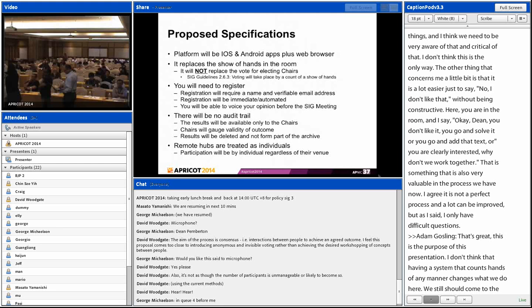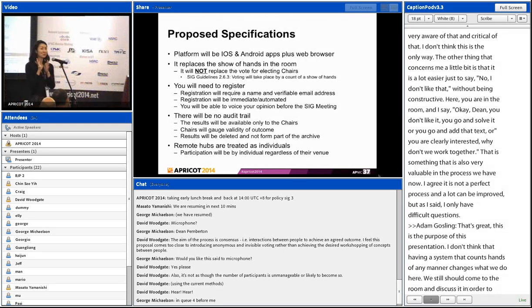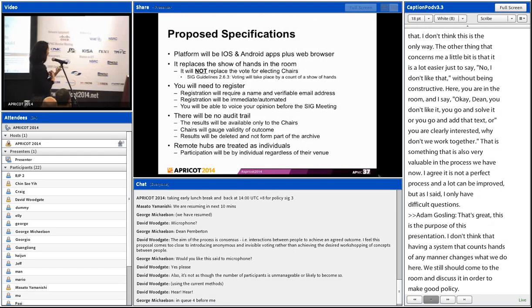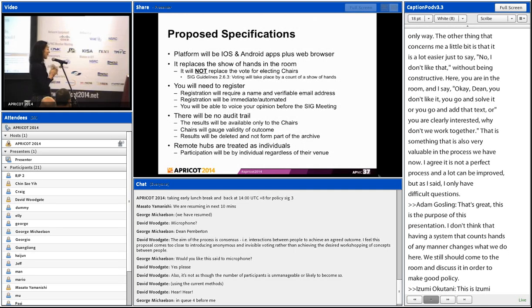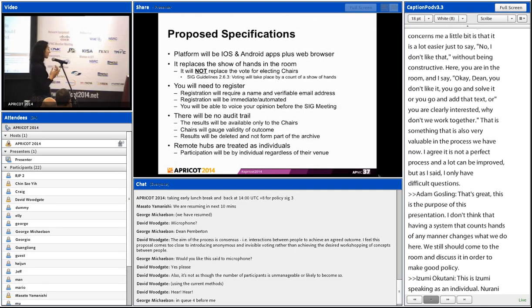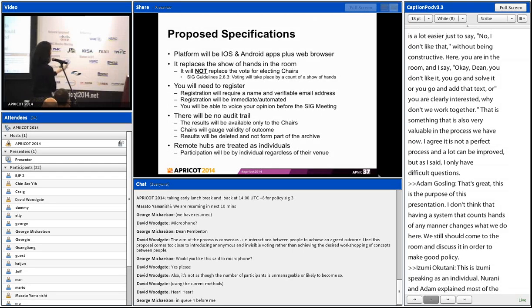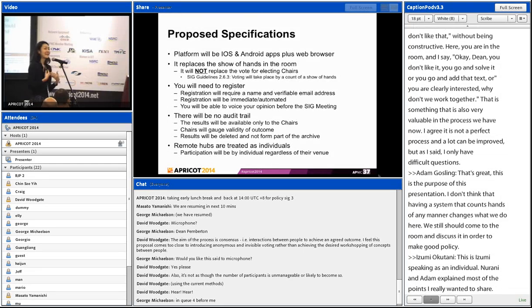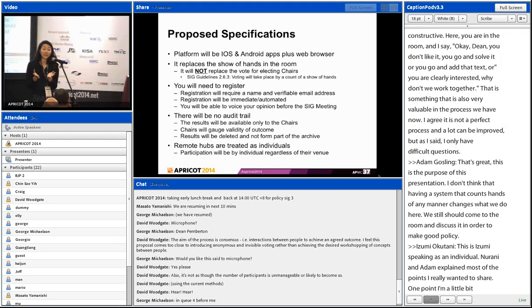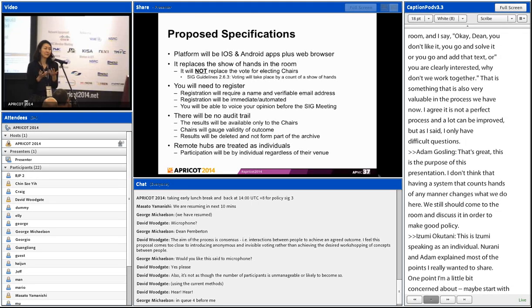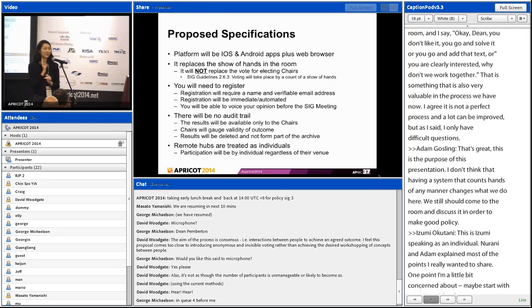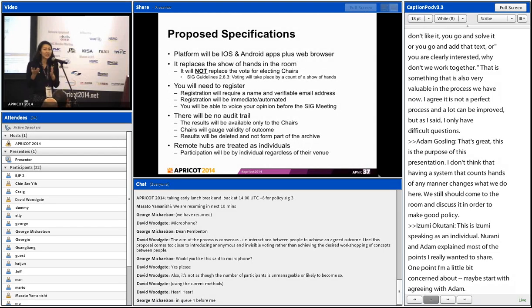This is Izumi speaking as an individual, and actually Nurani and also Adam explained most of the points that I really wanted to share. One point I'm a little bit concerned about is, well, maybe start with agreeing with Adam. I do agree that for a lot of people participating from Asia, it's a little bit uncomfortable to have to show hands and express yourselves.